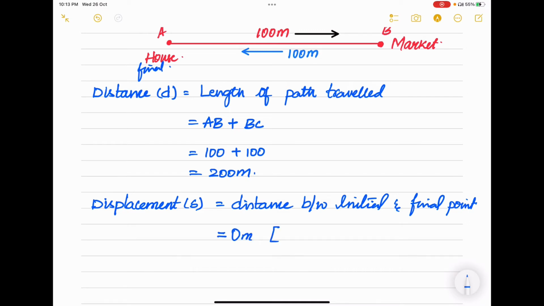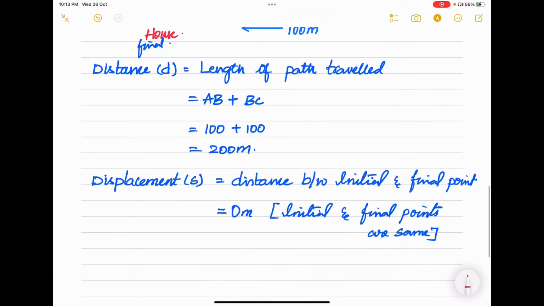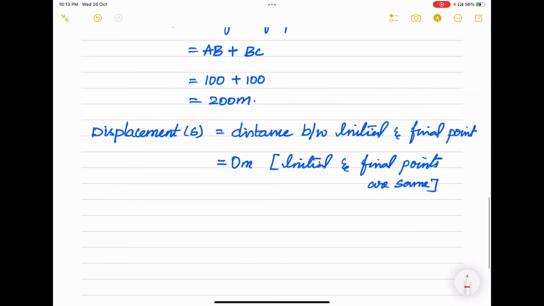In bracket you can say initial and final points are same. That's it. So I hope you have understood the conclusion of this case, right? What is the conclusion here?